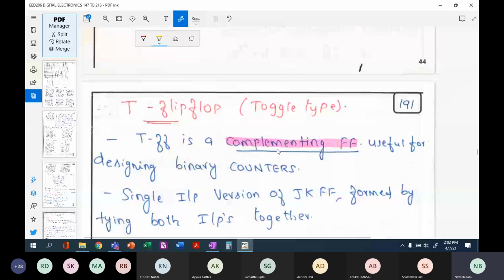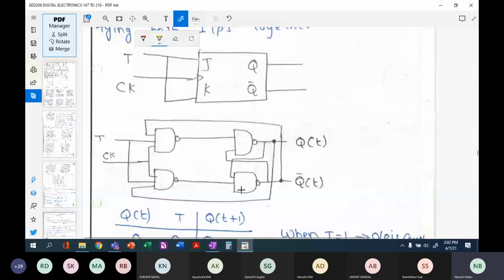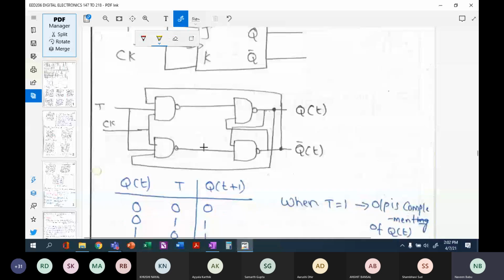So if you look at the JK flip-flop, this is how your construction was, and obviously JK can be converted into T flip-flop. The advantage of the JK was realized using T flip-flop whenever both the inputs are the same. So we saw the characteristic equation and characteristic table for that also.